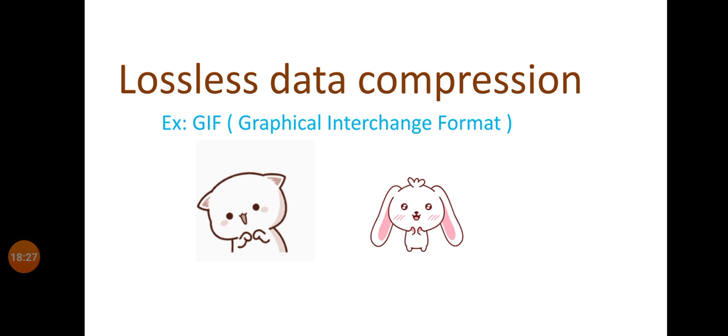On screen you can see these two GIF images. These are simple images with some line drawings and graphical shapes like circle and oval. Understood? So lossless data compression can be applied for GIF images, which are very simple.